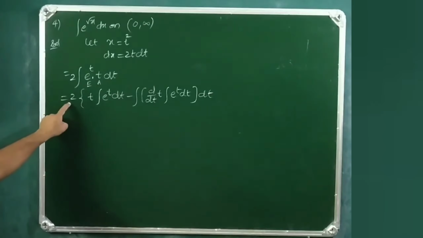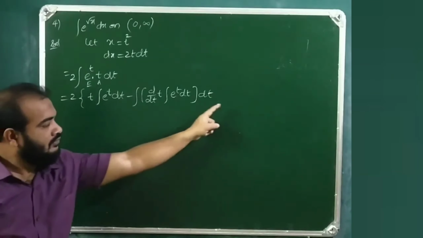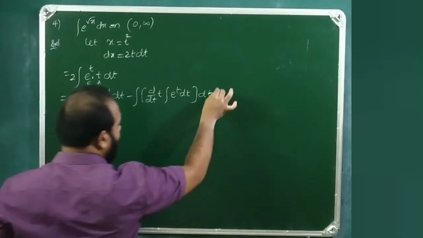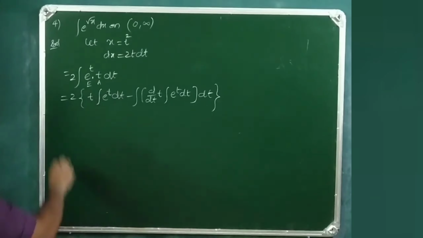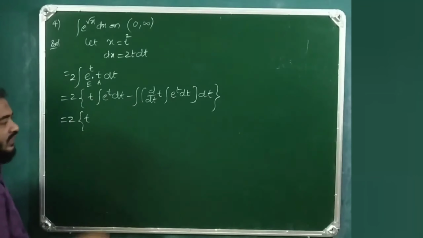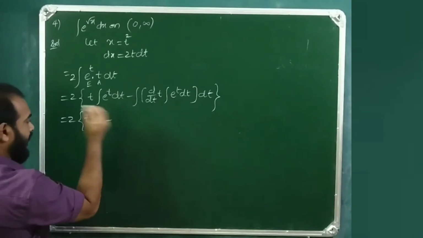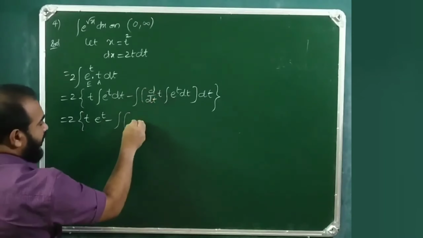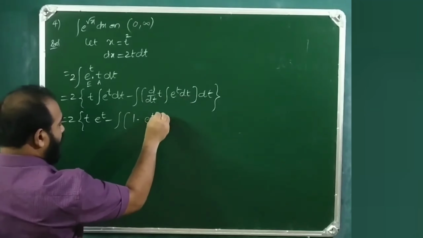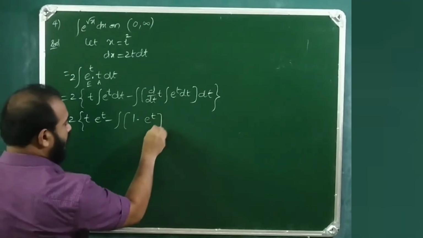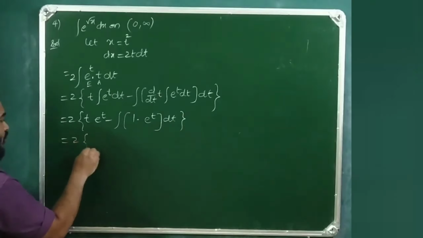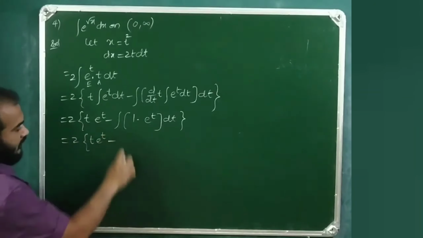And this 2 is multiplying with the whole of e power t into t dt. Therefore, this is the closed bracket. 2 into t, integral e power t dt is e power t, minus d by dt of t is 1, into integral e power t dt is e power t, whole dt. So 2 into t e power t minus 1 into e power t.